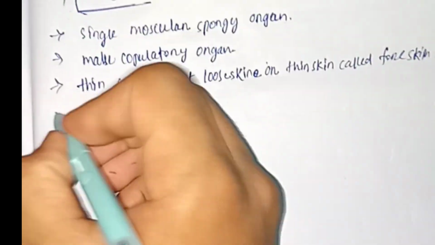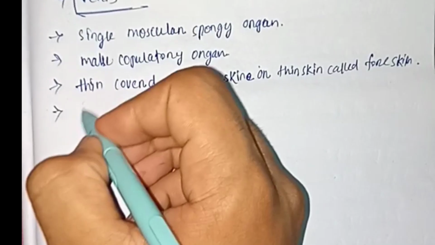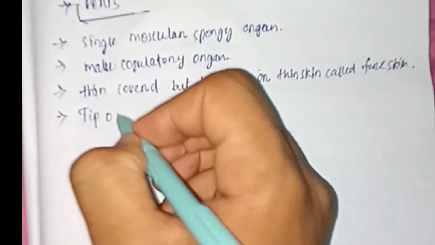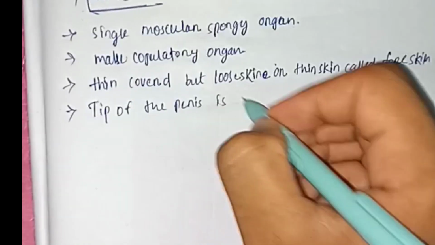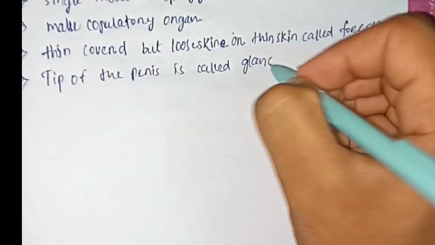Then the tip of the penis is called the glans penis.